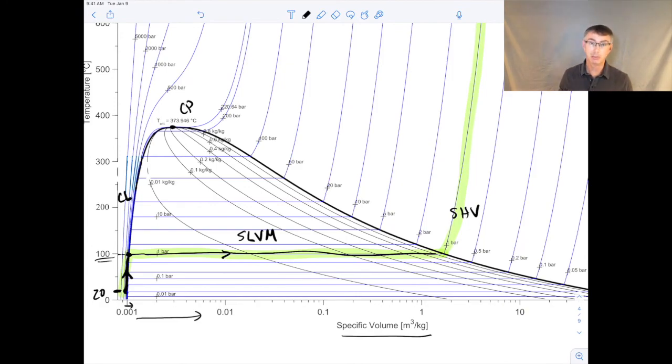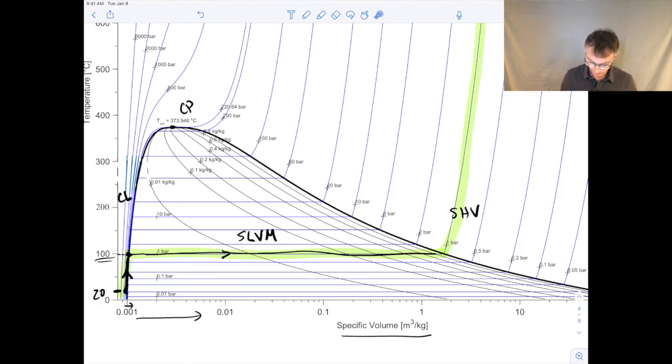We still stay at 1 bar because the atmosphere is still just 1 atmosphere, roughly 1 bar. We're not changing altitude or anything like that. Our pot of water that we're boiling is uncovered, so its surface is at roughly 1 bar. But what ends up happening is the specific volume starts to increase considerably, and that's because we're now adding vapor into our mixture.